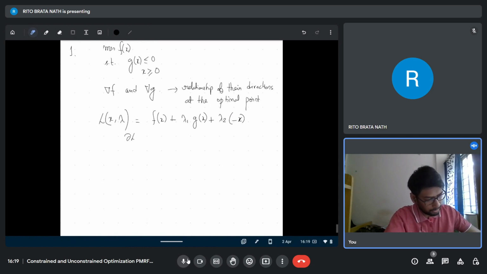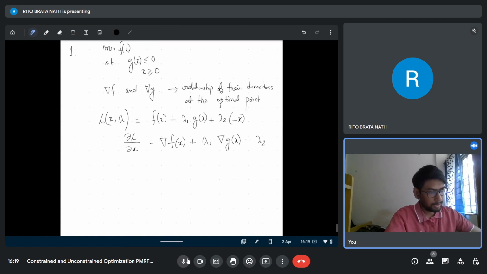So del L by del x is nothing but grad of f plus lambda 1 grad of g minus lambda 2. What happens at the optimal point, you can comment on that. From complementary slackness, this condition happens.